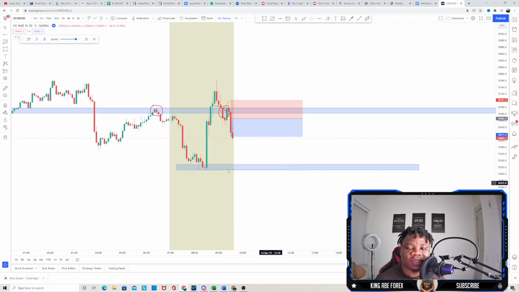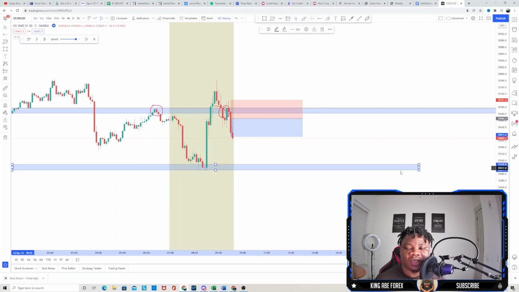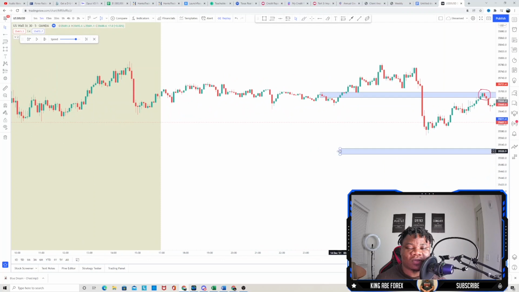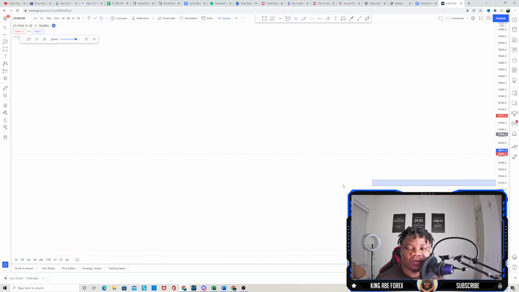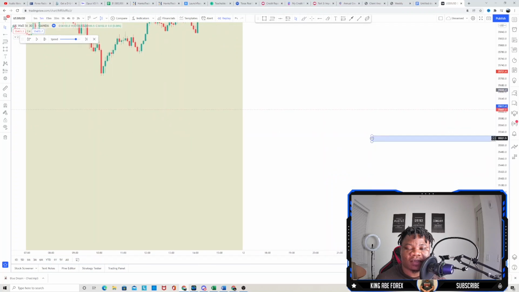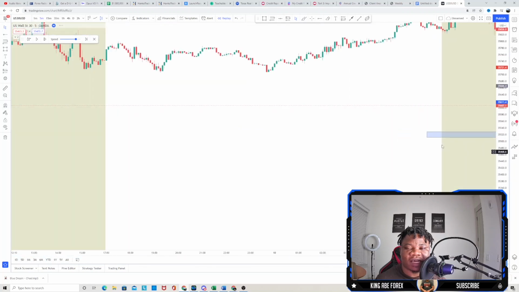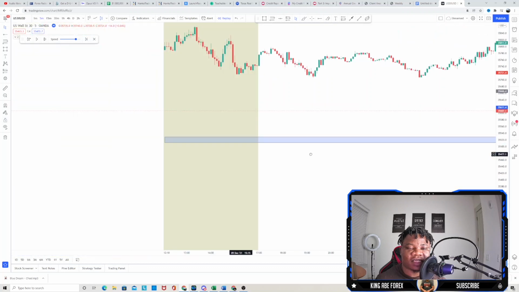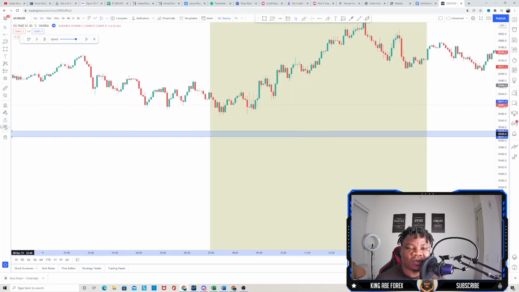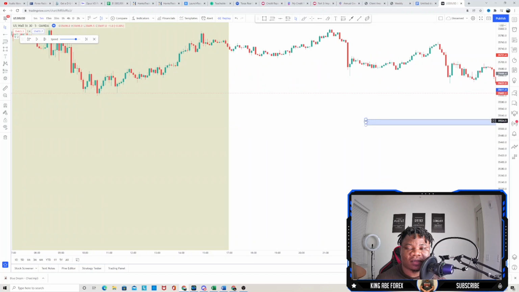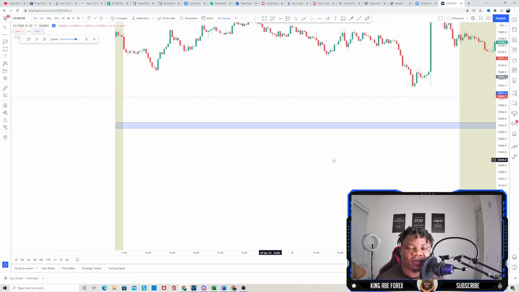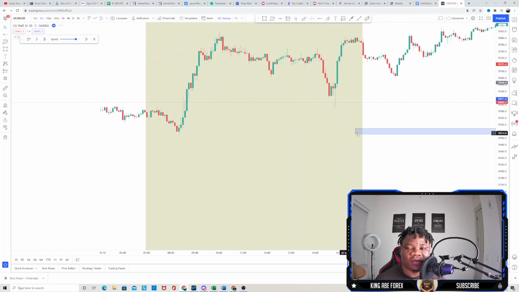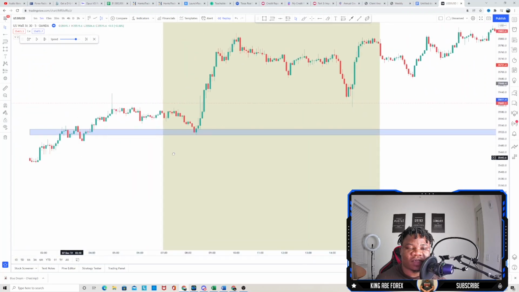If I'm looking to take multiple take profits, all I have to do is look to the left-hand side for more zones. We've identified our first take profit, so let's see if we can find more zones here. I don't want to have to go back too far because of this video.